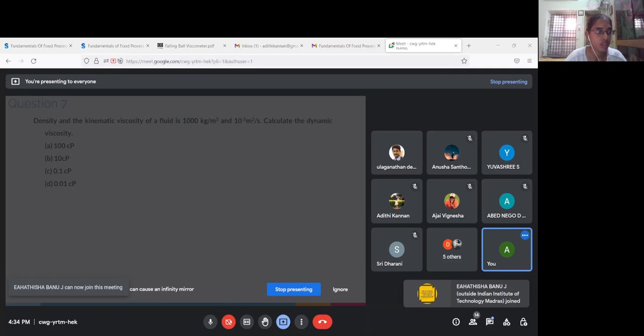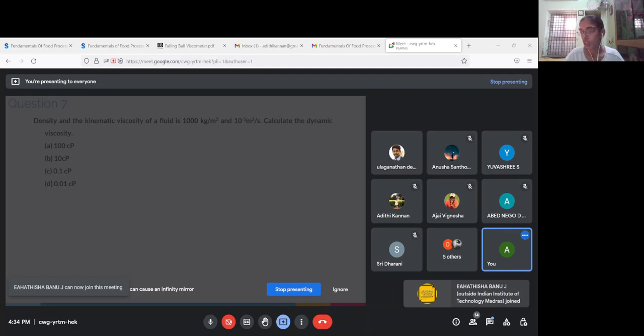The kinematic viscosity is equal to dynamic viscosity by density of fluid. Yeah, correct. So what is the dynamic viscosity according to the calculation here? If not in centipoise, can you tell me in Pascal second? 0.01 kilogram per meter second. Okay, so that is in Pascal second.